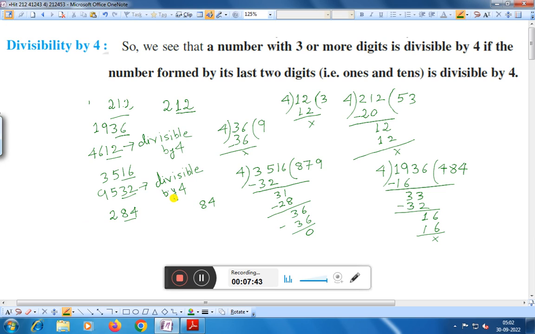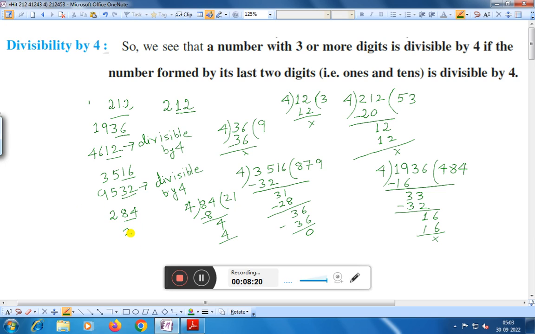We get 4 twos are 8, and this leaves 4. 4 ones are 4. Since 84 is divisible by 4, therefore 284 will also be divisible by 4.